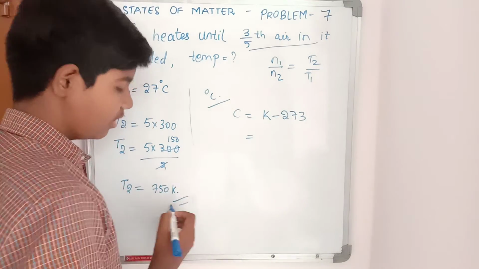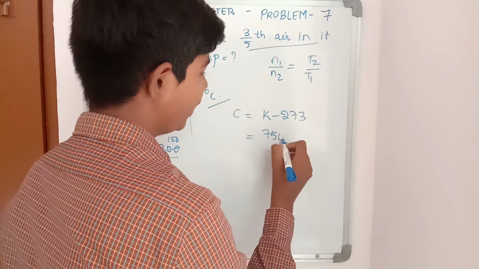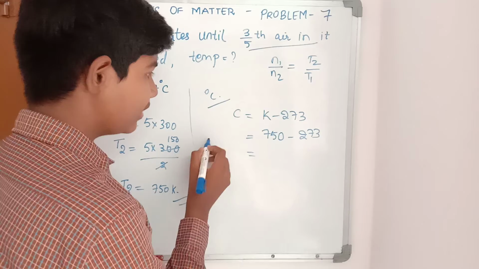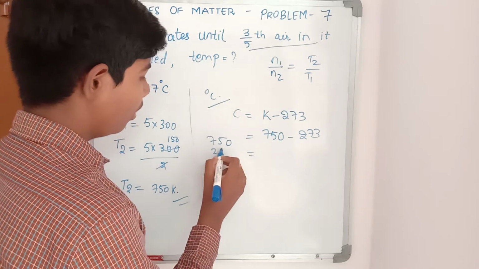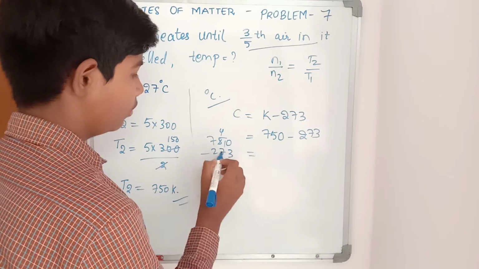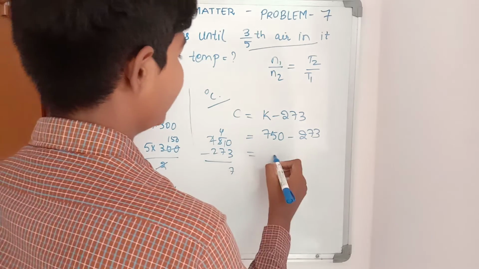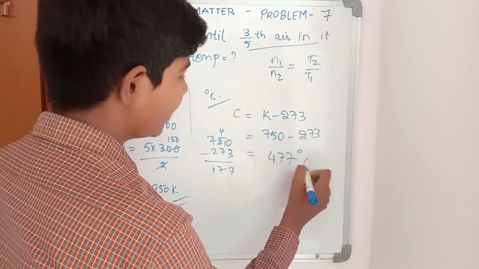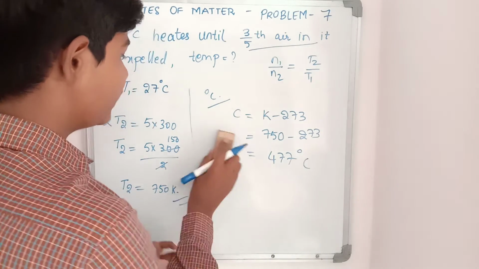We got K as 750, so 750 minus 273 will be our answer in degrees Celsius. It is 477 degrees Celsius.